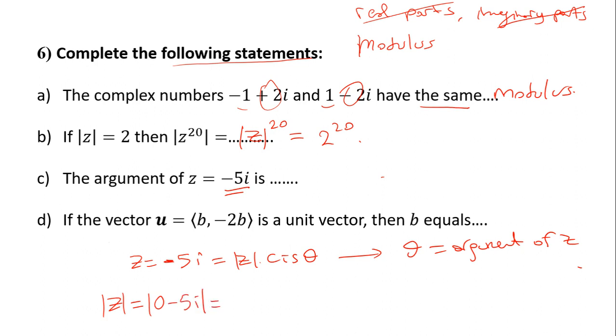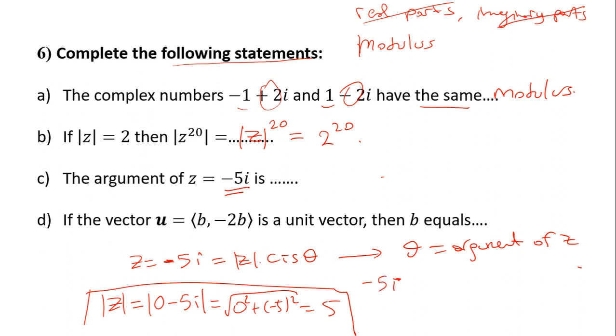Its modulus will be 0 squared plus minus 5 squared, then take the square root. So this is clearly 5. Now we are matching this. Okay, let's keep this aside. So minus 5i will be equal to 5 times cis theta, which is cosine theta plus i sine theta.